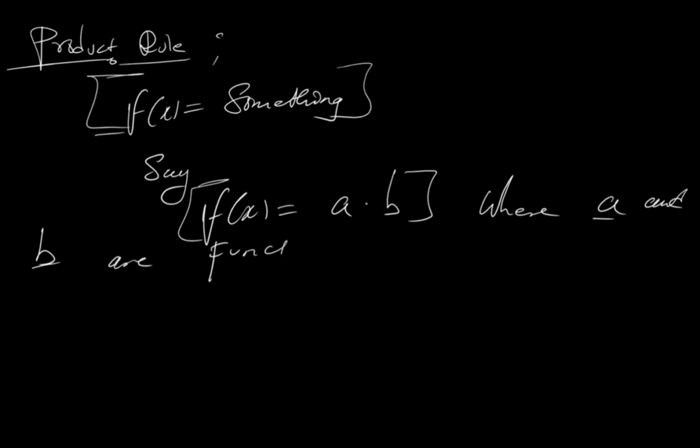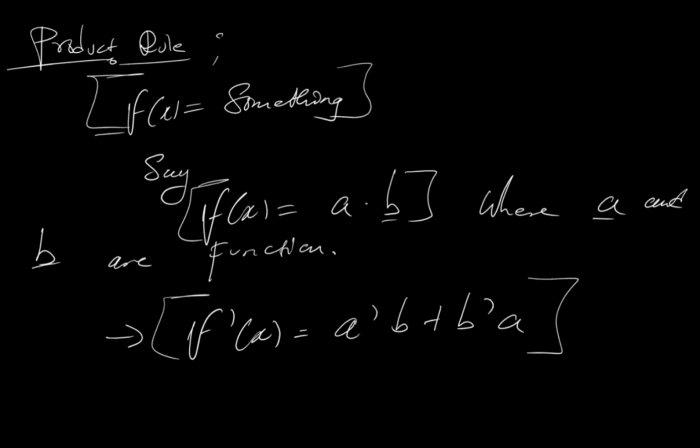What I mean is that a is an expression having an x variable, and b is also an expression having an x variable. So with this in mind, to apply the product rule, we say that f prime of x will be equivalent to a prime b plus b prime a.